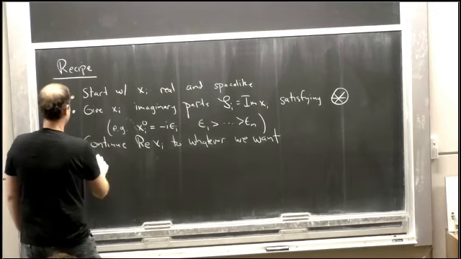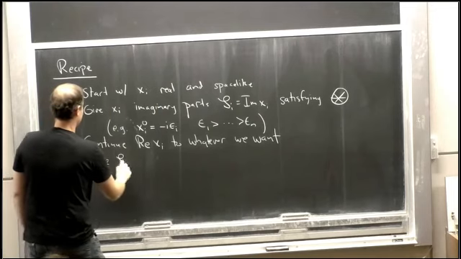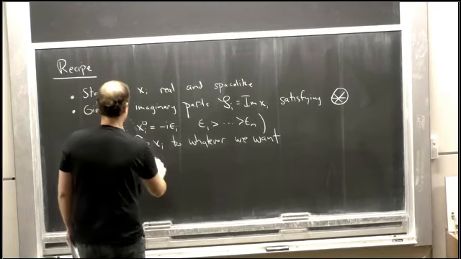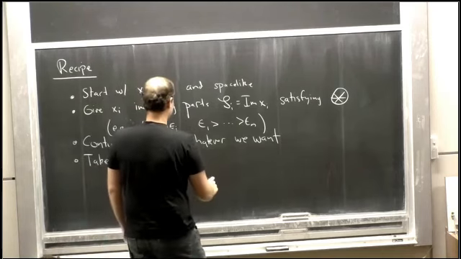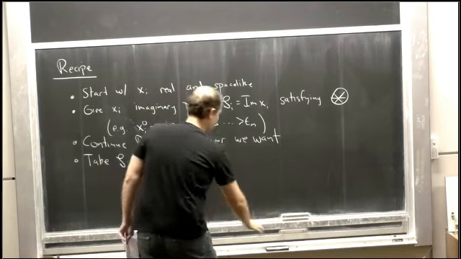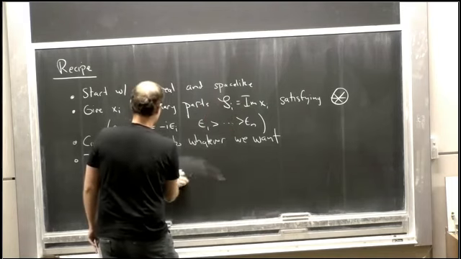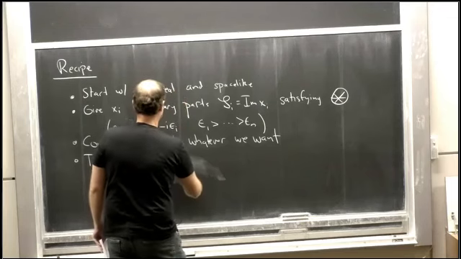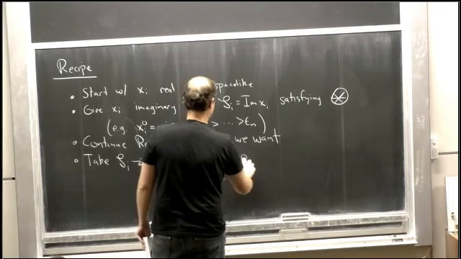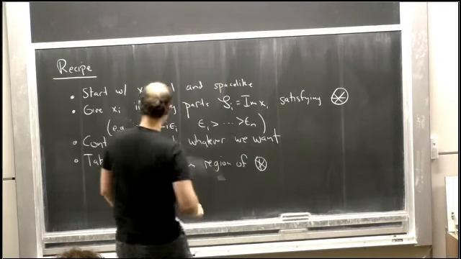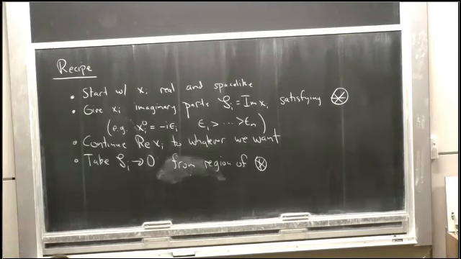And then finally, take the imaginary parts to 0, from the region of holomorphicity. Okay? So that's the prescription, and it's really just the same prescription that we had in quantum mechanics, souped up a little bit. Okay? Any questions?